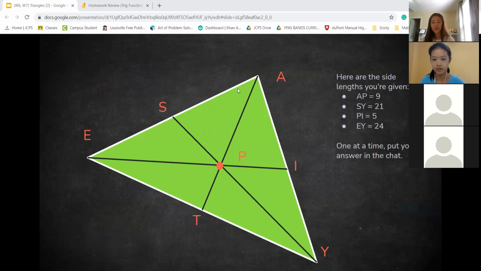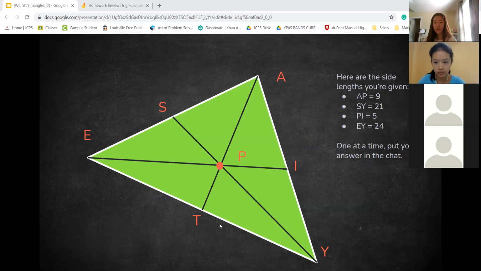So here, you can draw this on your own paper if you want to, so that you can label it with the numbers given. The side lengths are: AP is 9, SY is 21, PI is 5, and EY is 24.